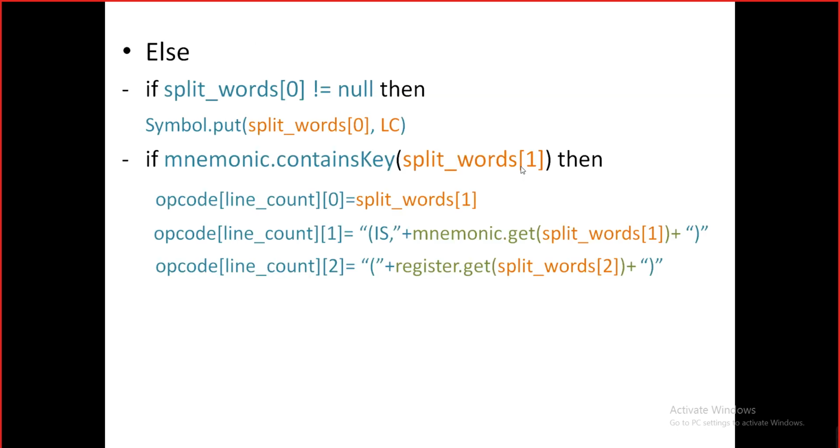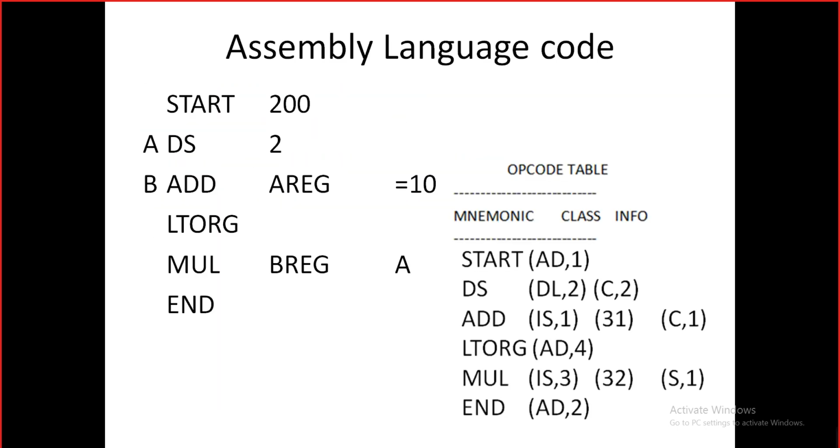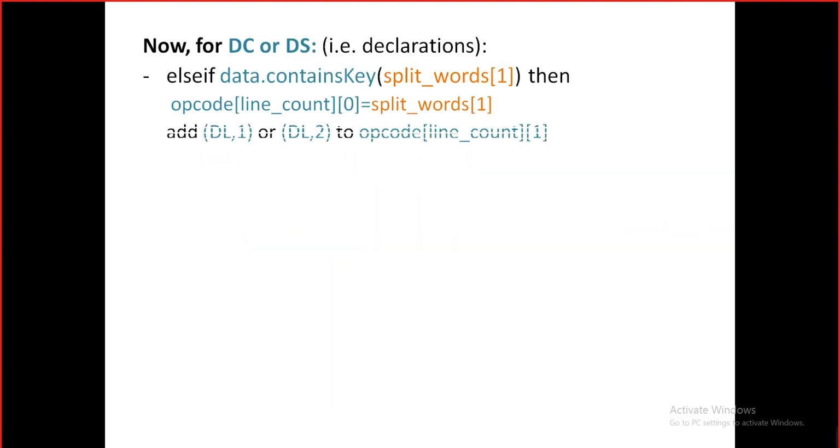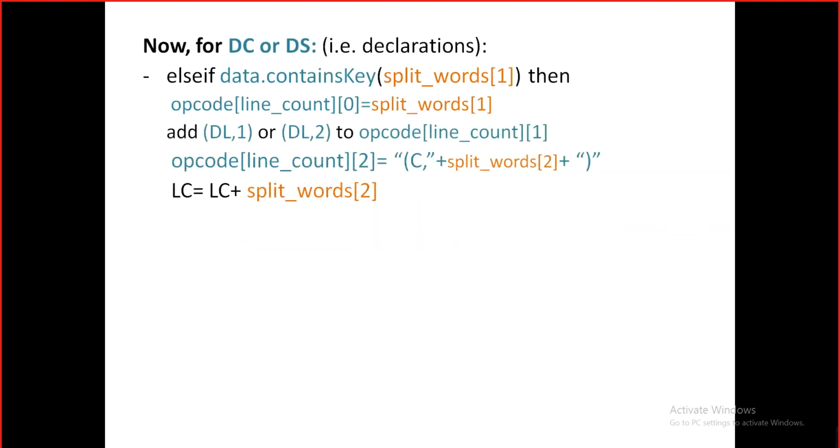What was split words of 2? This 2, the third token, the second token, whatever we have got, that we'll write over here you can see, that C comma that.